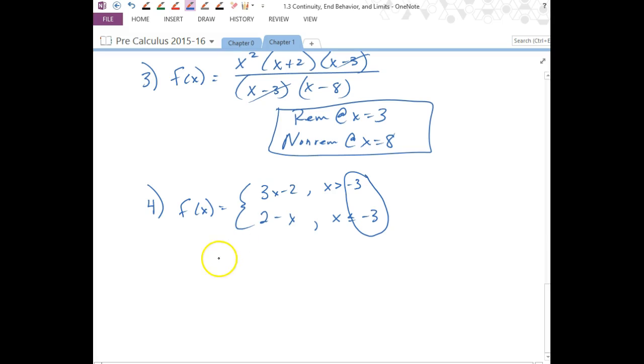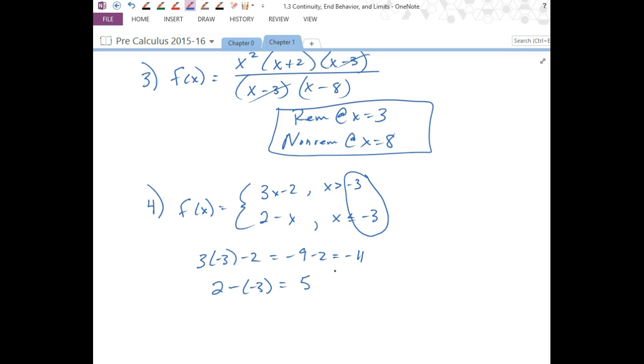So if I plug -3 into the top piece, I would get -9 minus 2, which is -11. If I plug -3 into the bottom one, I get 2 plus 3, which is 5. Do they come together at the same place? Okay, so they do not come together.